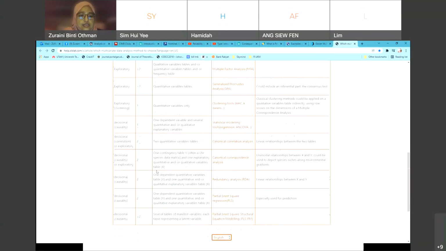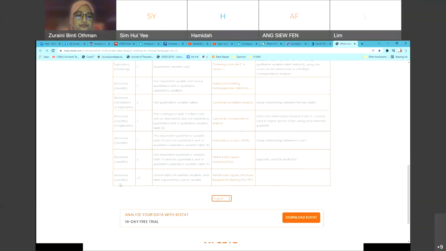Okay, then if we are exploring to cluster something and it involves quantitative variables, you may use clustering tools such as AHC, K-means, and others. K-means and classical clustering methods could be applied on the quantitative variable table, indirectly using row scores and dimensions of multiple correspondence analysis.